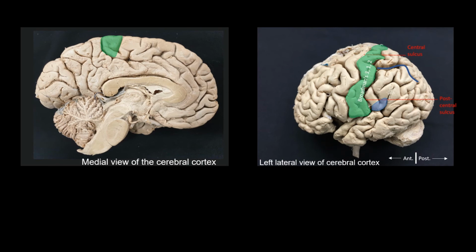The secondary somesthetic area is believed, however, to play an important role in pain perception, and lesions in this region may cause contralateral loss of pain, dysesthesia, or pain asymbolia, which basically means that the patient fails to display the aversive or emotional responses to the pain, but can still discriminate between the pain intensity. So that's a little bit about the secondary somesthetic area.